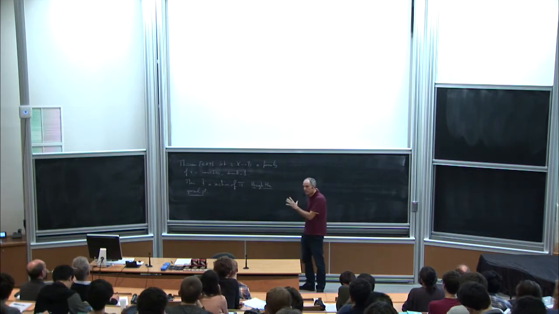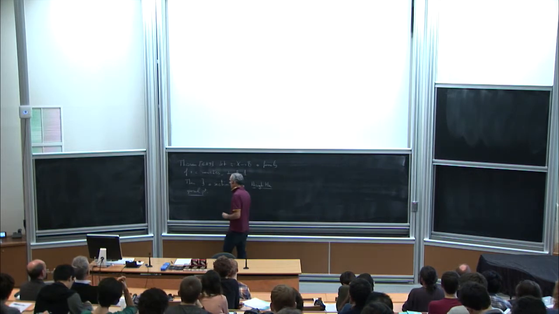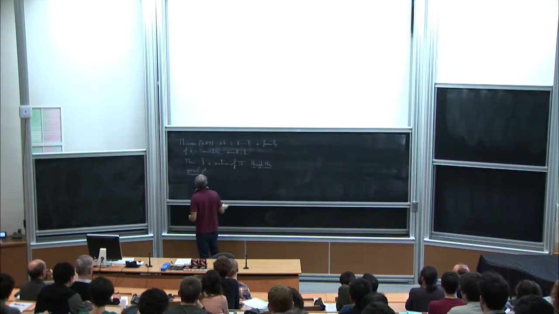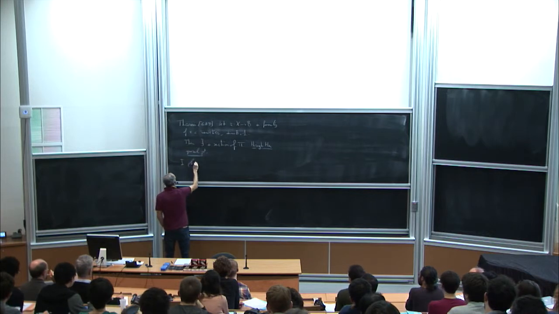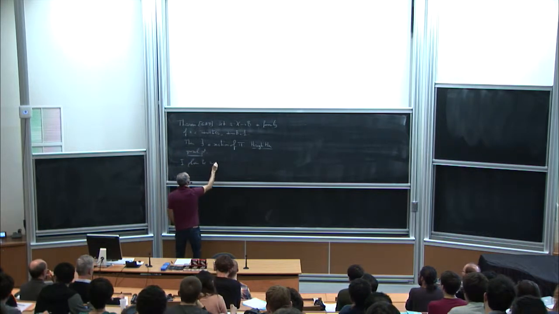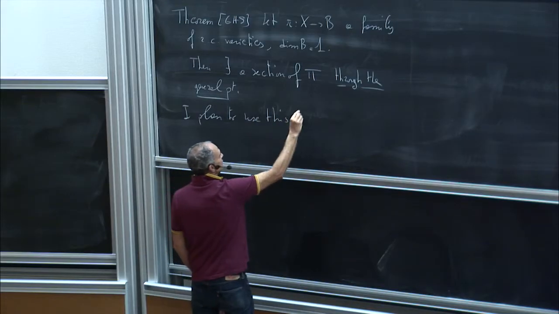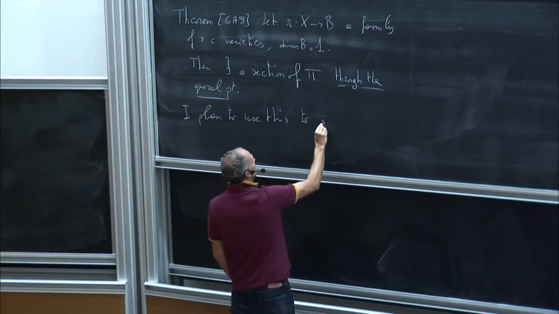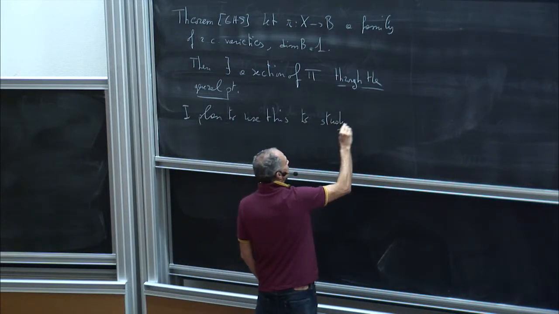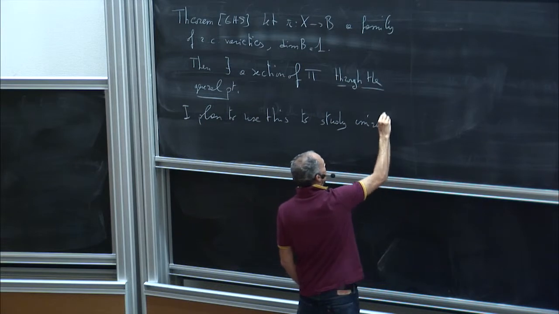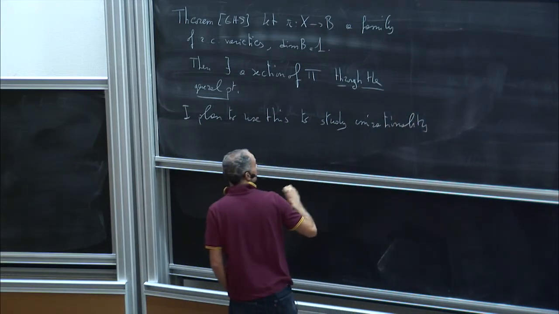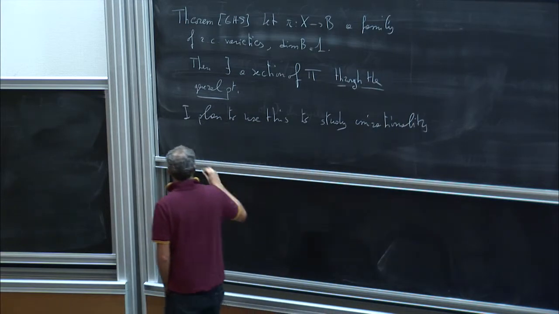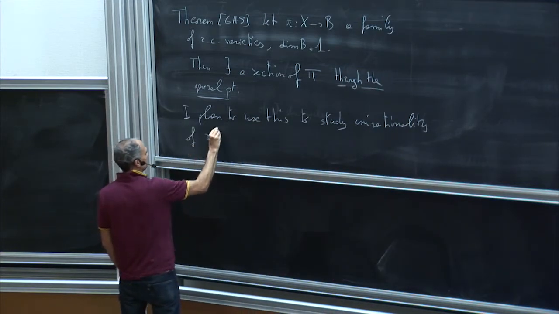So this is really a big difference from Tsen. And so I plan to use this to study unirationality of threefold conic bundles.